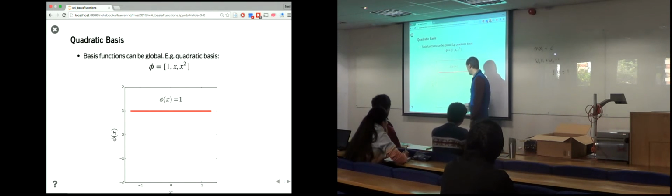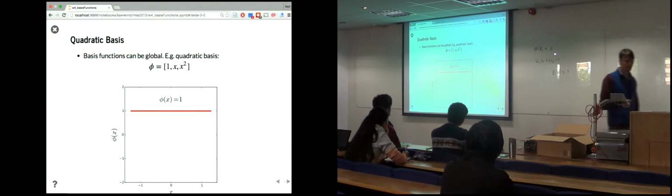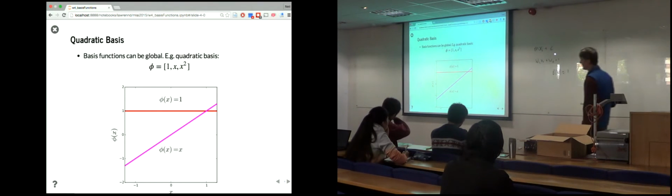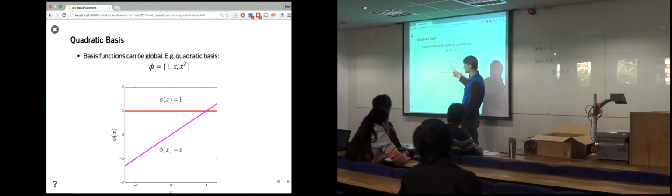The first basis function here is a very simple one. Phi of x is 1. It doesn't matter what x is, phi is 1. What we've been working with so far is a first order polynomial basis. We've been doing an m times this basis function plus a c times this basis function, which is mx plus c.